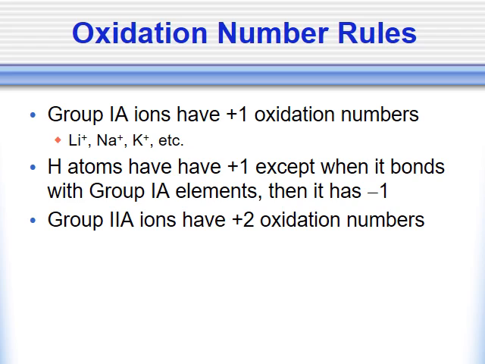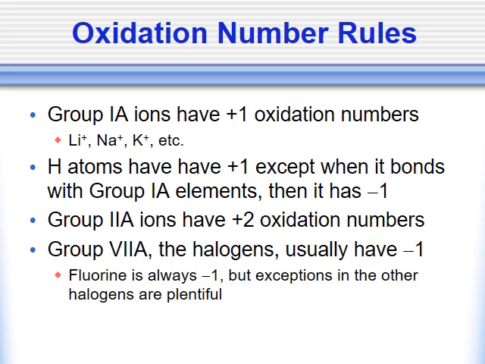Group 2A ions, +2 charge, +2 oxidation number. Group 7A, the halogens, usually have -1. Fluorine is always -1, but you may see exceptions in the other halogen atoms.